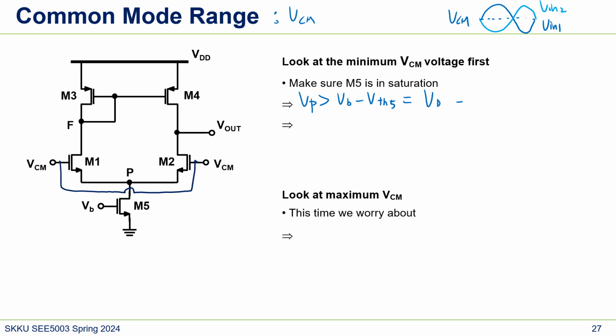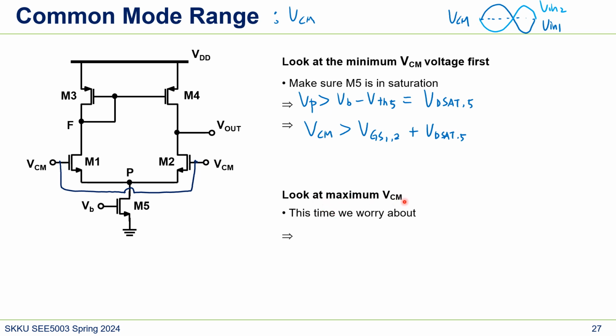Then VCM should be larger than VGS1 or 2 plus VDS set 5, right? So VGS1, 2 is from here to here. So that's the minimum boundary of VCM.